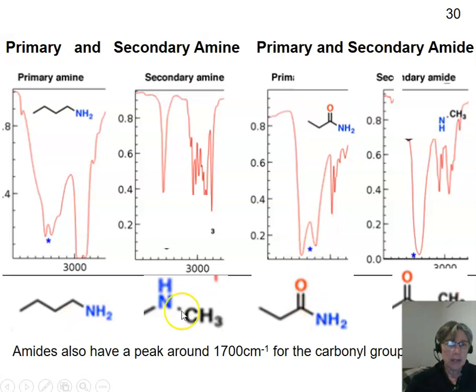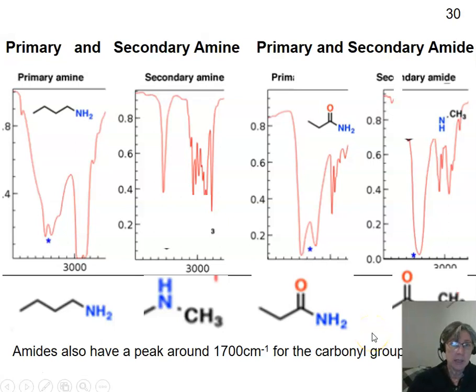Oh no, that functional group is further down, that's at 1700. So on the end, you've got the twin peaks, and if it's in the middle, this could look a bit like an alcohol, but the fact that you've got a nitrogen in the formula would imply that it's an amine.